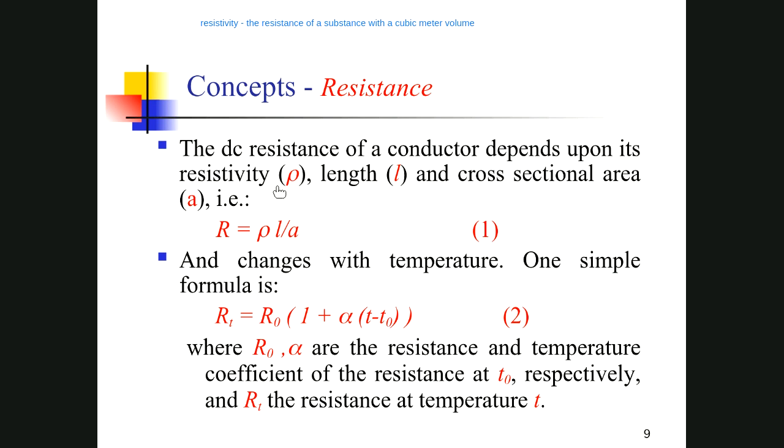Then if you have a conductor which is L meters long with a cross-section area of A square meters, and a resistivity rho, then the total resistance of this conductor can be estimated by the resistivity times the length L over the cross-section area.